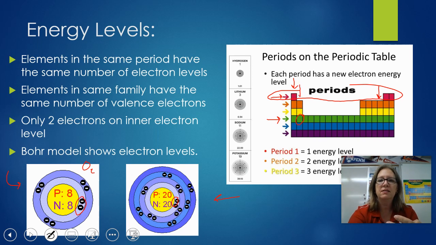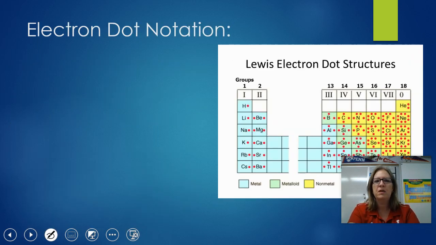The fact that it's in this second family tells us that it has 2 valence electrons. And you can see that it does in fact have 2 electrons on that outer ring, okay? So that's kind of one of the biggest patterns we see within the periodic table. Just based on the location of the element itself, we can tell a lot about the electrons and the number of protons.